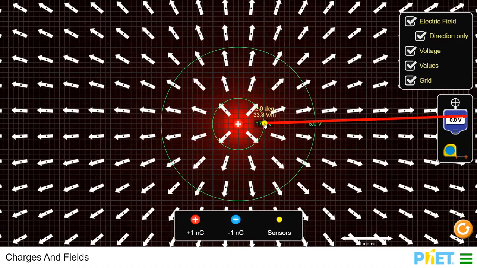Then if we place our sensor on the 1.5 mark, you will notice that it will have almost the same average value for the magnitude of our electric field. It's much lesser compared to when we place our sensor at the 0.5 meter mark.